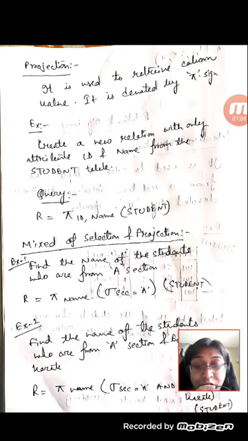Now we have to mention the condition based on which we are retrieving the column value. The condition is based on the data. The section is A. I want to get the names of those students who are under A section. So we have to mention the selection operation, because we are searching names based on a data value.